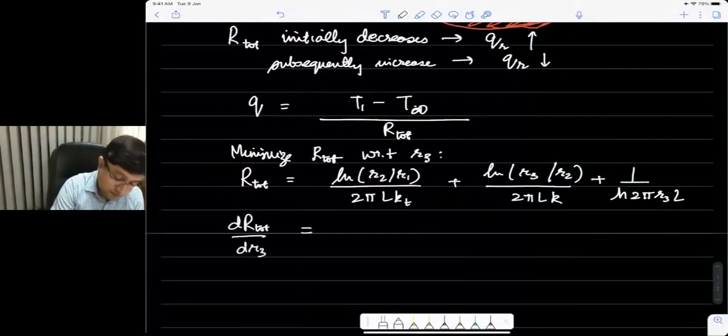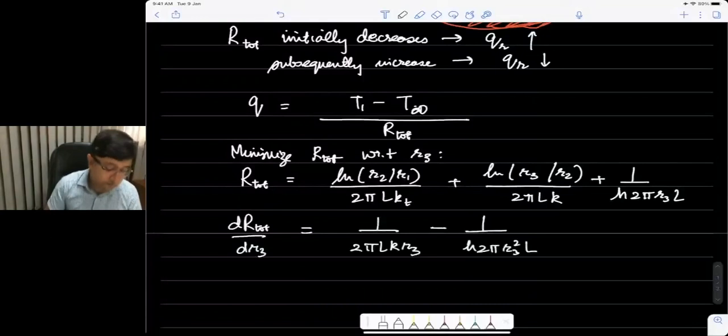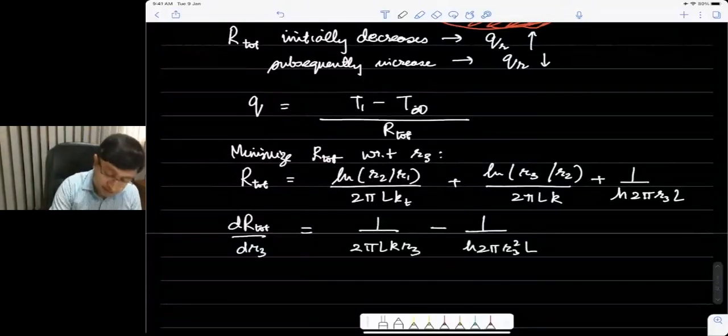That gives 1 by 2 pi L k R3 minus 1 by h 2 pi R3 squared L, and for the resistance to be minimum, this should be 0.